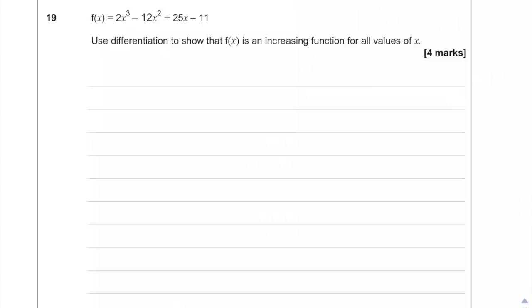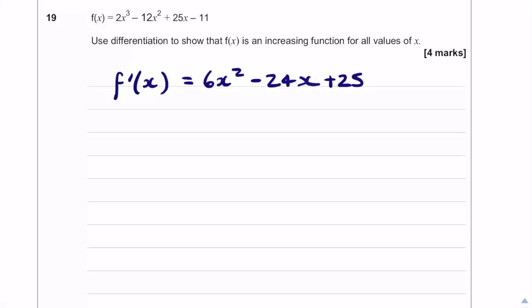Question 19. The function f of x equals 2x cubed minus 12x squared plus 25x minus 11. Use differentiation to show that f of x is an increasing function for all values of x. Okay, so if we differentiate this function, so we do f dash x, we're going to get 6x squared minus 24x plus 25.